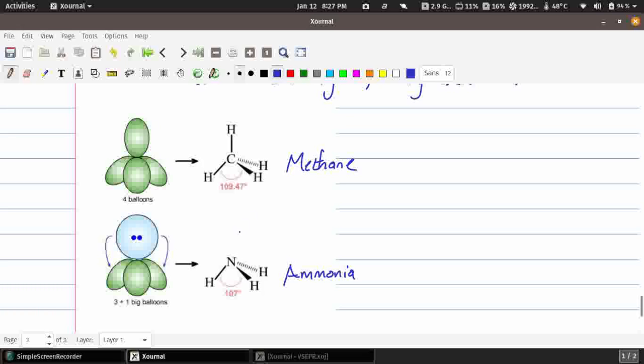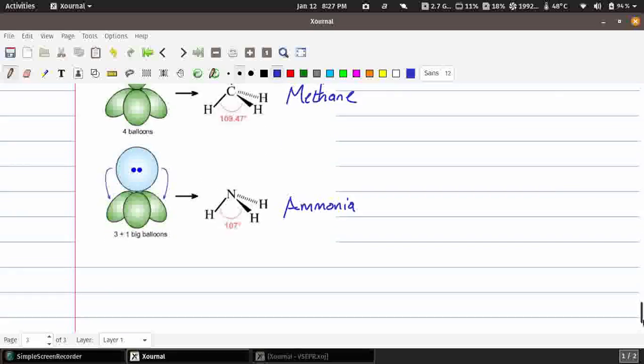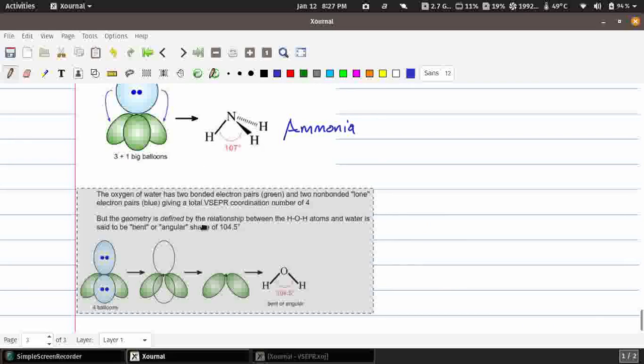So it actually distorts the angle just slightly. Water's a little more extreme. I'll put that one in there too. So here's water, right here. And then water has 2 lone pairs, right there and right there. And that will actually distort the angle just a little bit more. So it's not off by a ton, but it is off by 5 degrees.